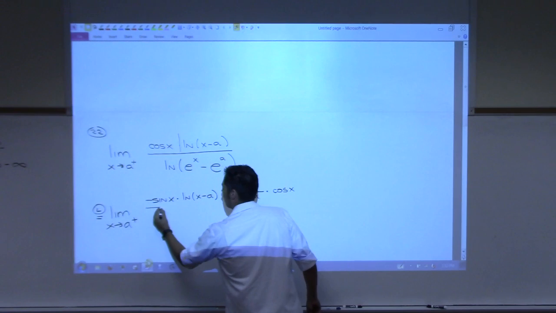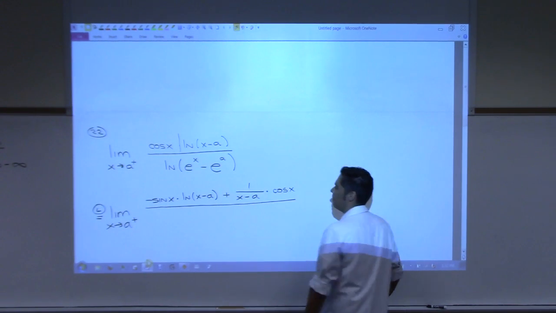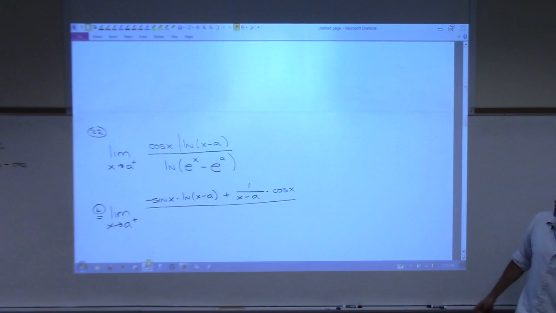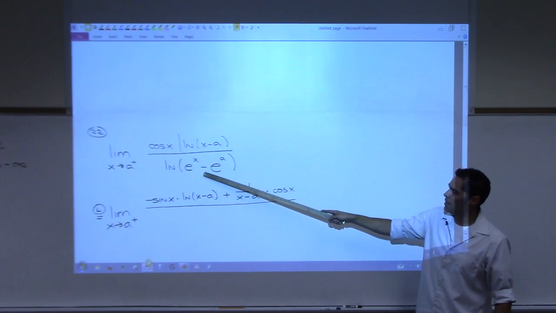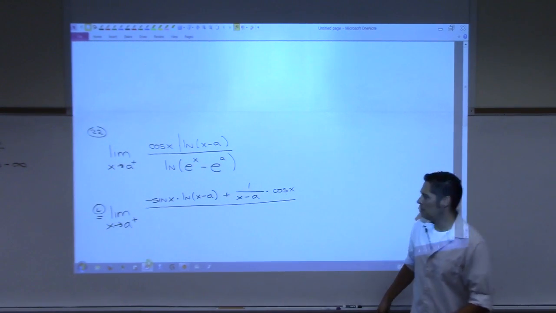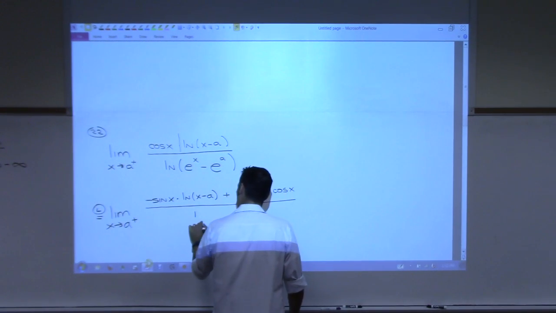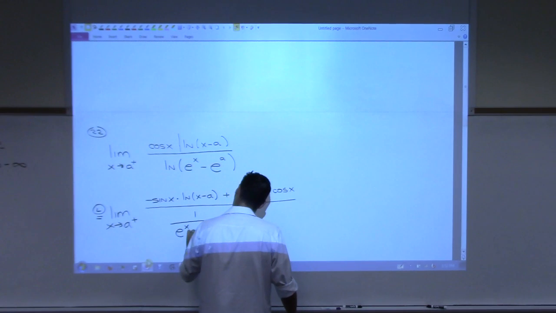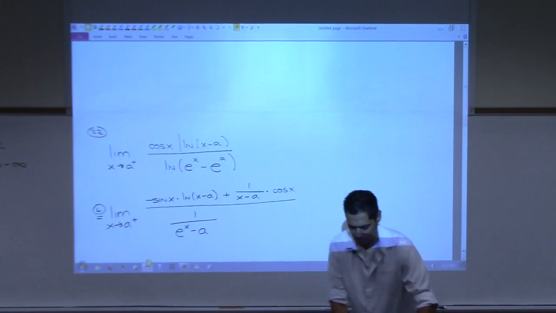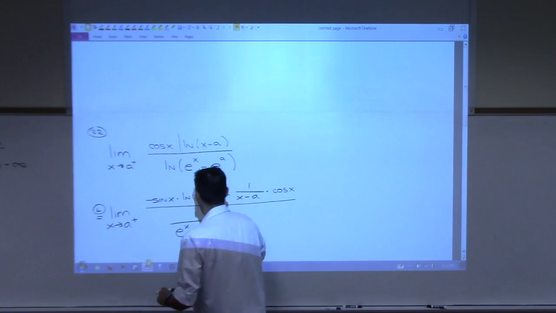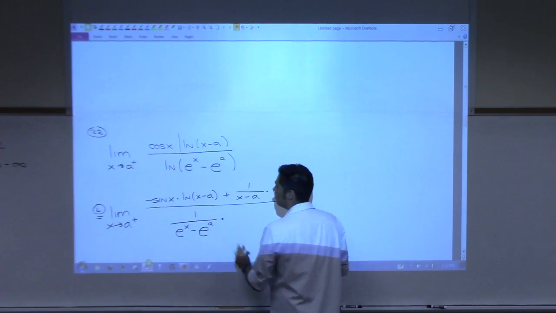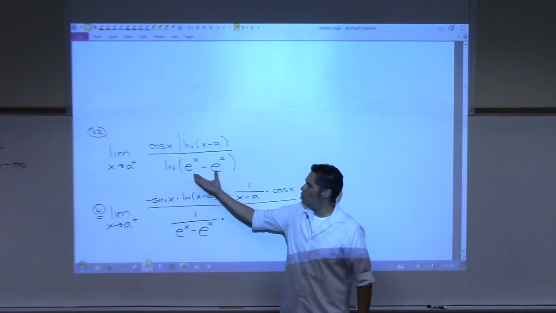Oh, man, okay. Now the derivative of the bottom. The derivative of natural log of something is 1 over that something, times the derivative of what was in here.